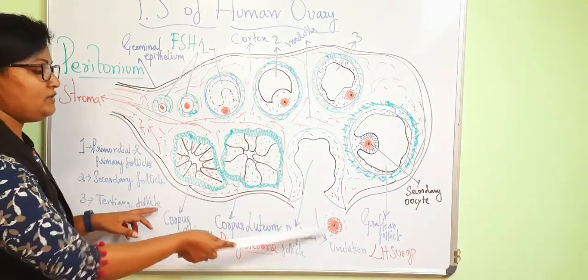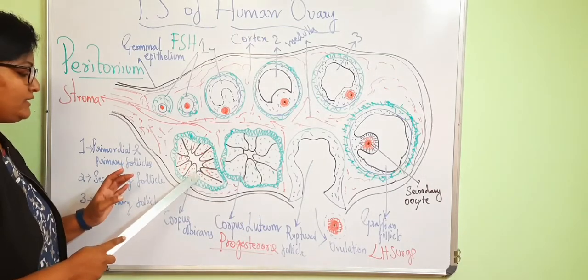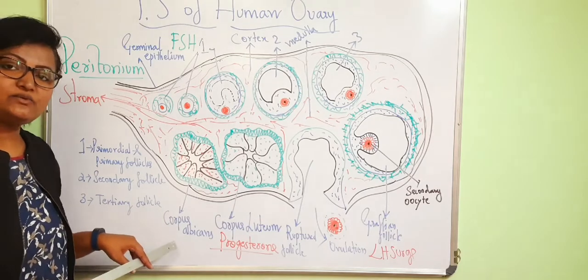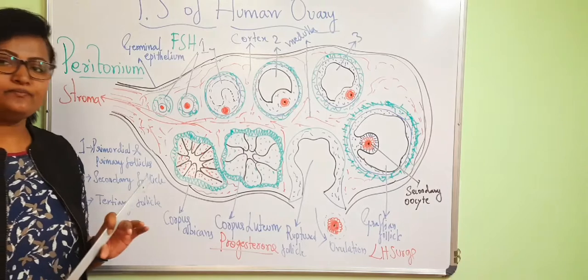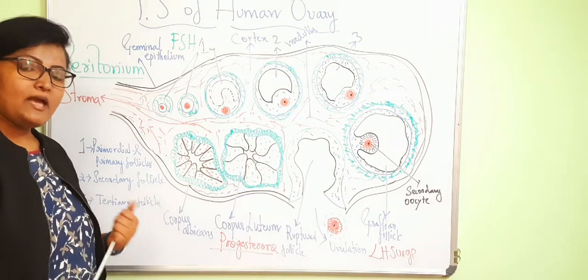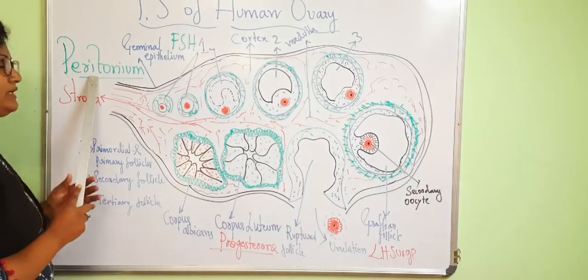If there is no fertilization, this corpus luteum gets converted into corpus albicans, which leads to menses or menstruation. So this is the structure, covered by germinal epithelium and connected to the uterus with the help of a peritoneum layer.